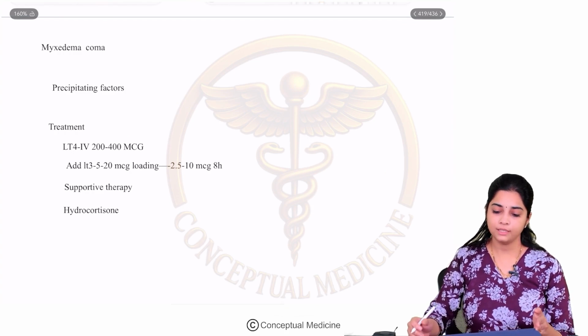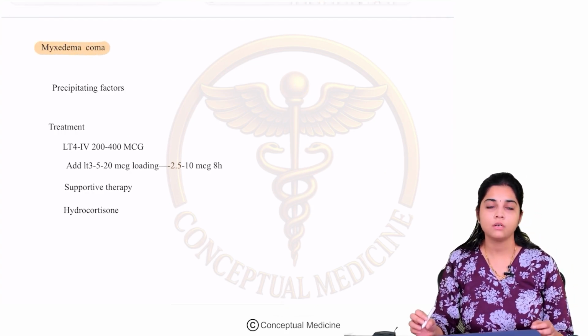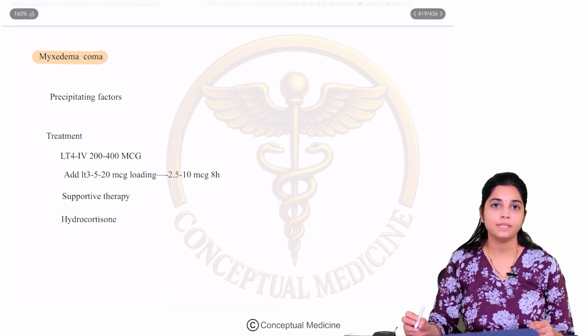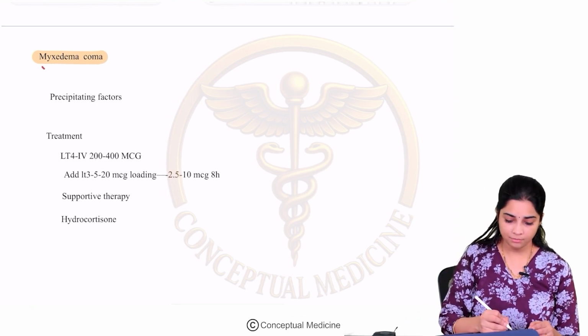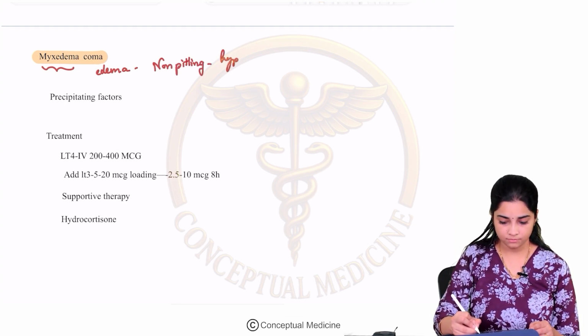Now, let us look at the last portion of your hypothyroid disorders, which is myxedema coma. So what is this myxedema coma? Myxedema basically refers to the edema, a non-pitting edema, which is seen associated with hypothyroidism.